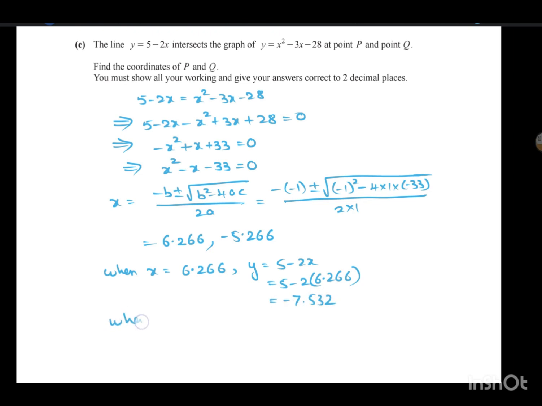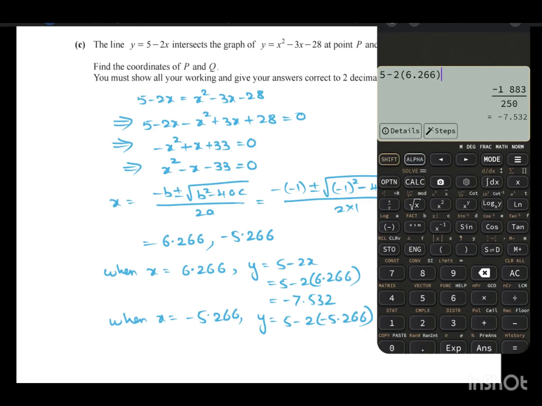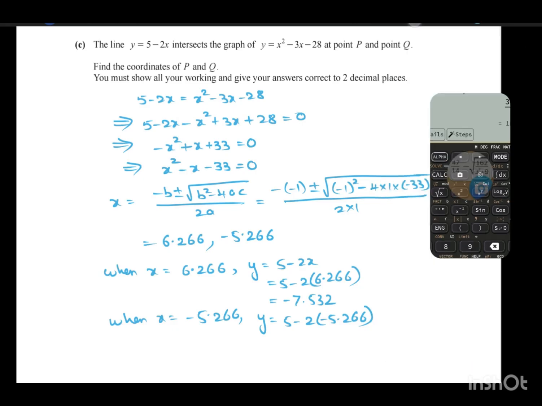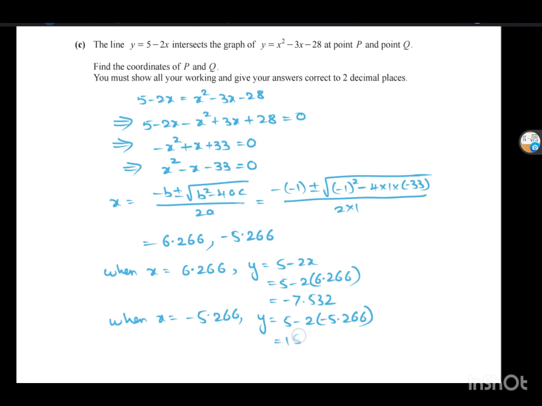Then when x is minus 5.266, y value will be 5 minus 2 into minus 5.266. So 5 minus 2 into negative 5.266, 15.532.